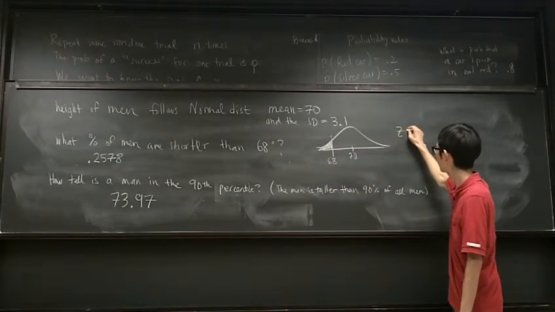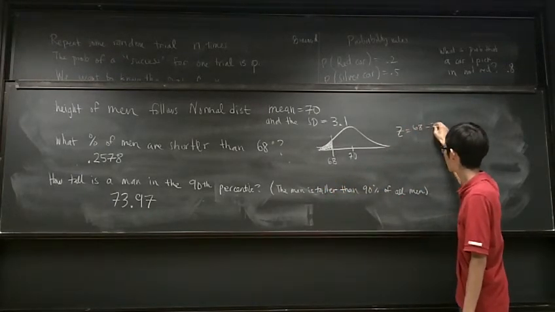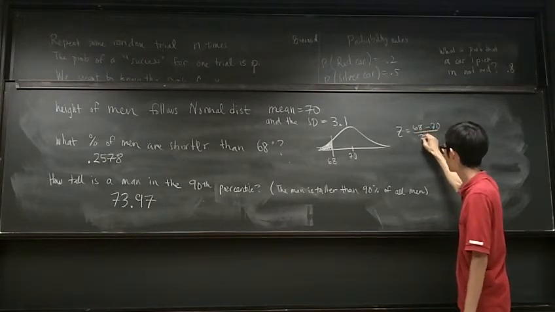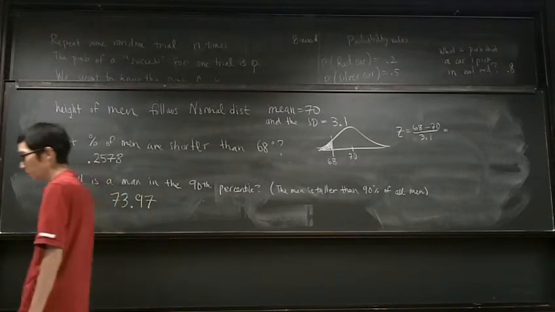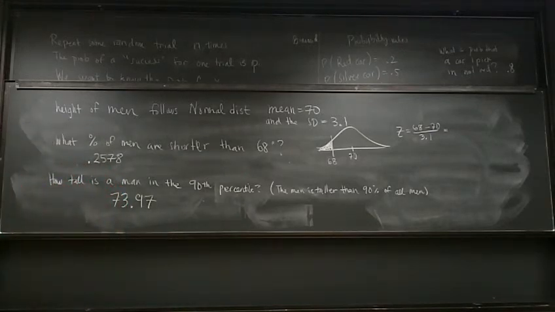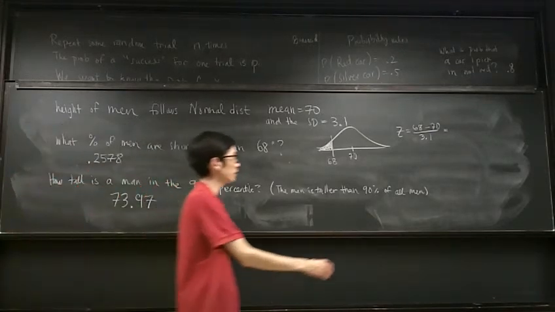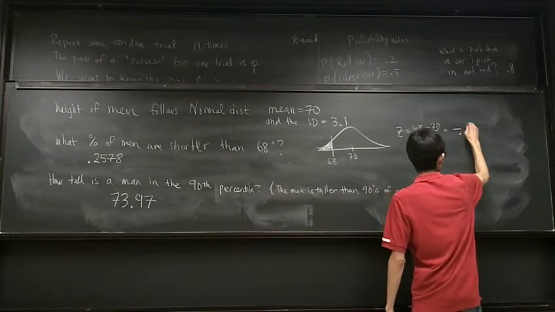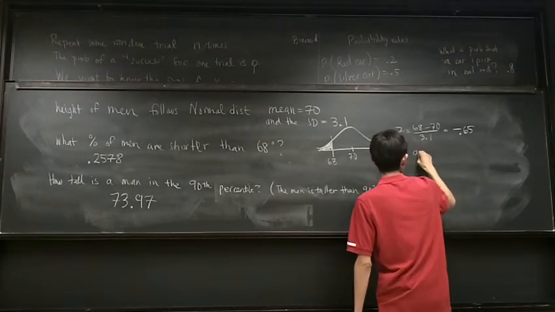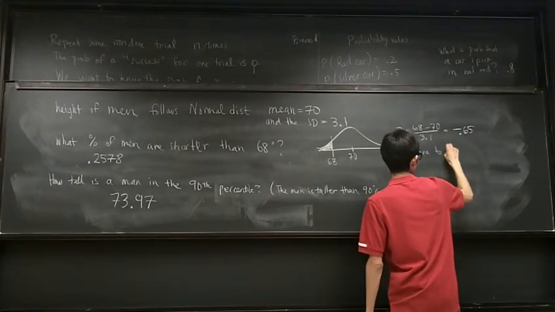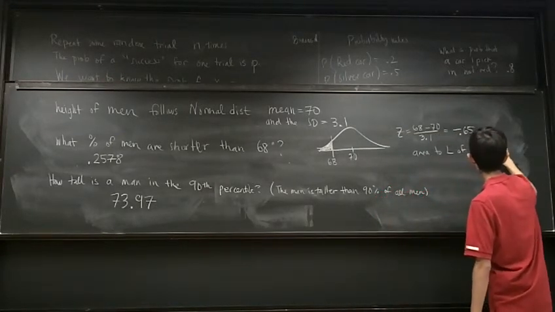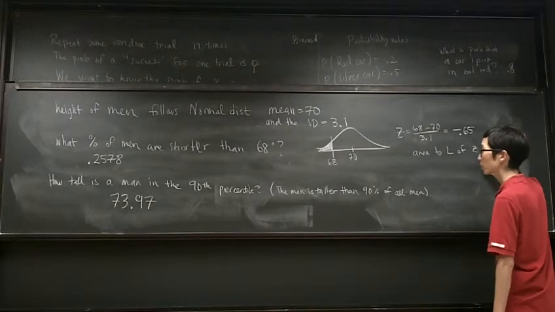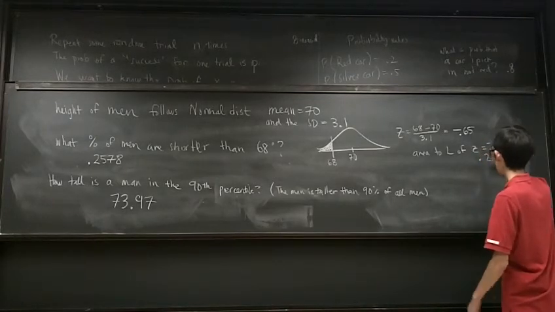So z is equal to 68 minus 70 divided by 3.1, and I get negative 0.65. So the area to the left of z equals negative 0.65 is 0.2578.